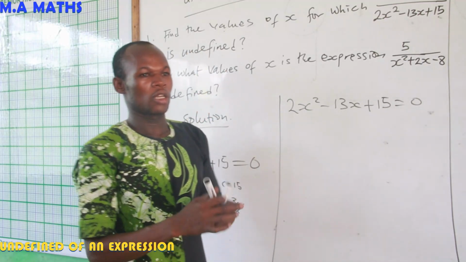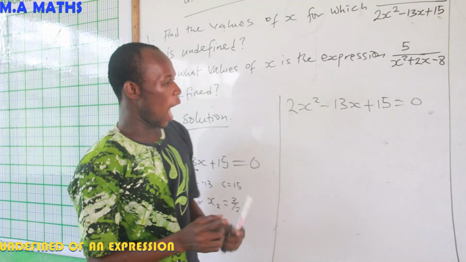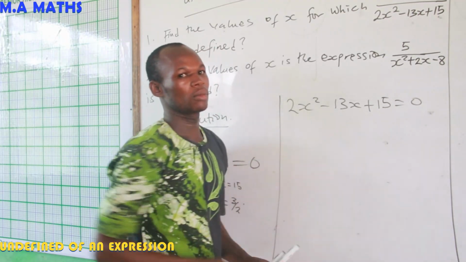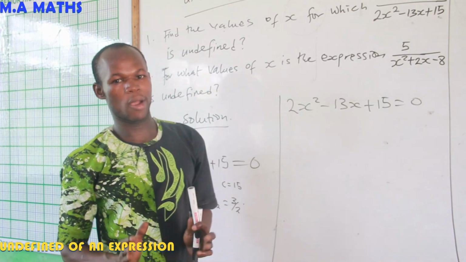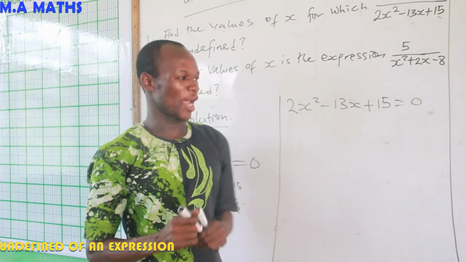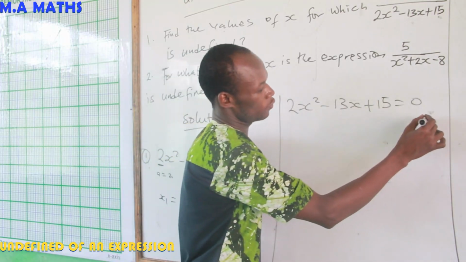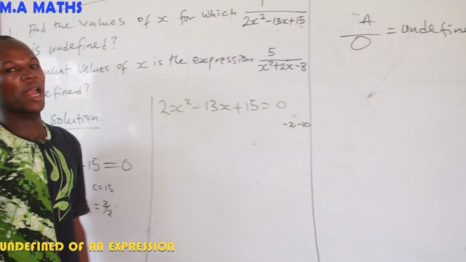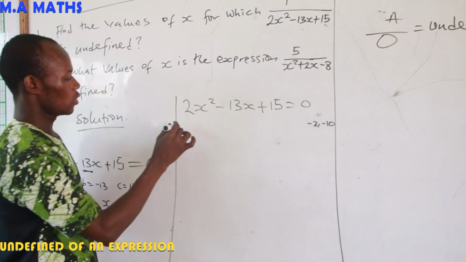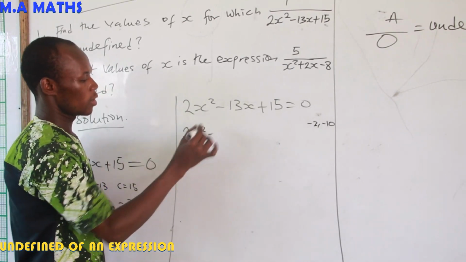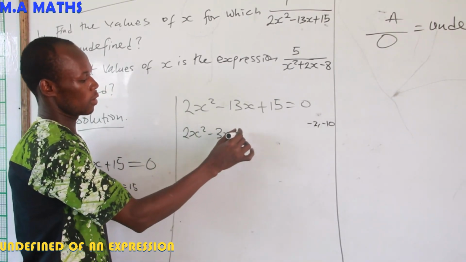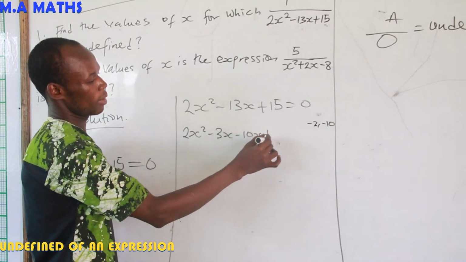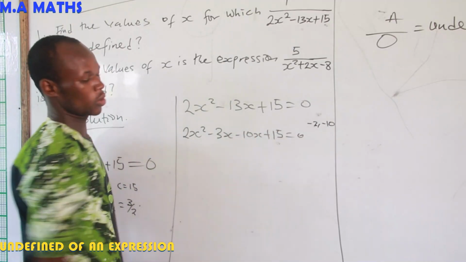You look at the factors of 30 which, when you add them, you get negative 13. That will give you negative 3 and negative 10. So I'll replace negative 13x by negative 3x and negative 10x. So I have 2x squared minus 3x minus 10x plus 15 equal to 0.